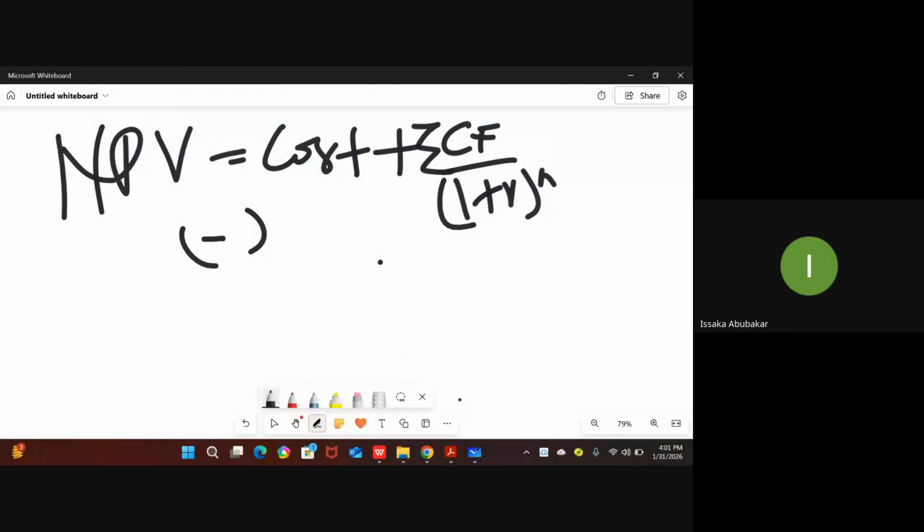So this is the formula: cost plus sigma cash flows all divided by 1 plus R raised to power N. That's the NPV formula. For example, let's say we are undertaking a project, and the cost of the project will be 100,000.